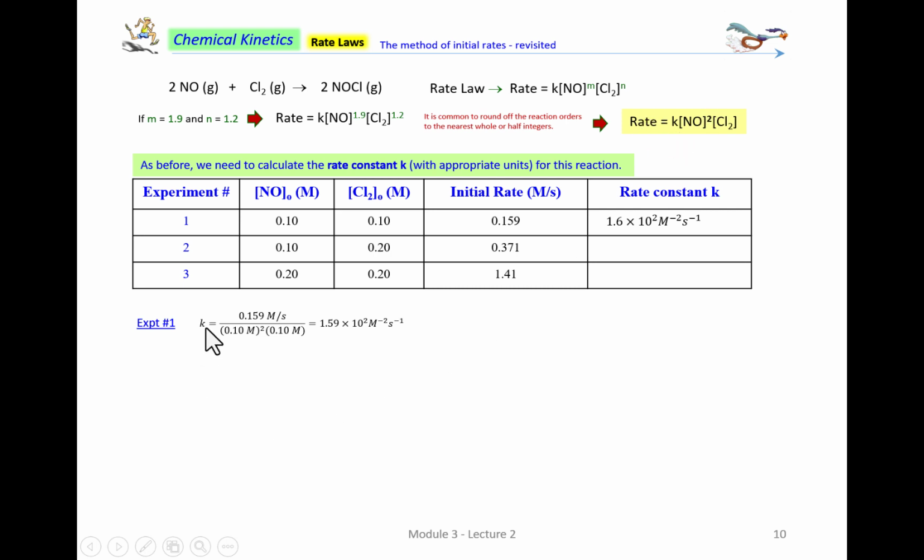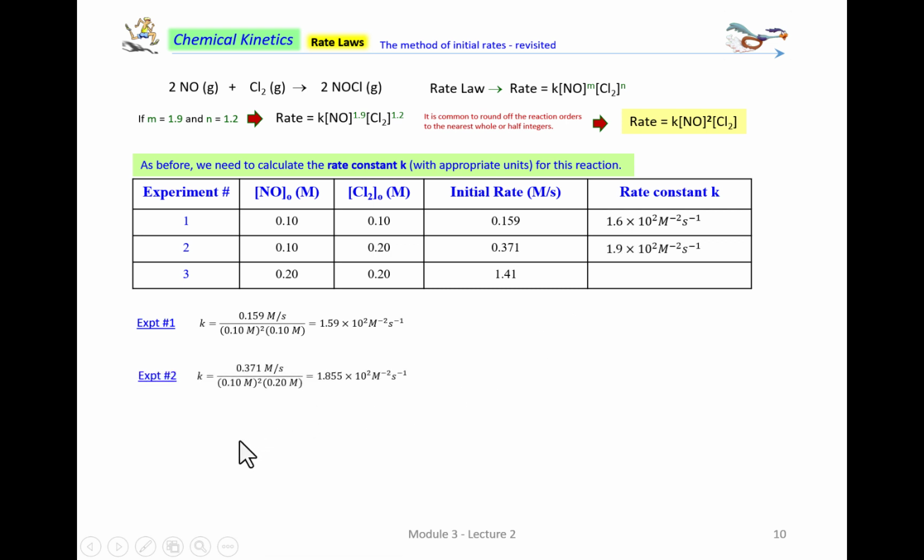So here k is equal to the rate for experiment 1, 0.159 molar per second, divided by the concentration of NO for experiment 1 squared times the concentration of chlorine for experiment 1. And we get a rate constant of 1.59 times 10 squared, M to the minus 2, s to the minus 1. And following significant figure conventions, we can only use two significant figures. So I've rounded it off to 1.6 and put it in the table right here.